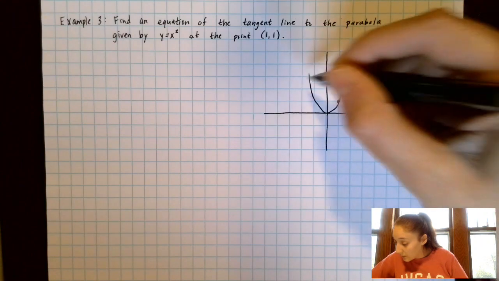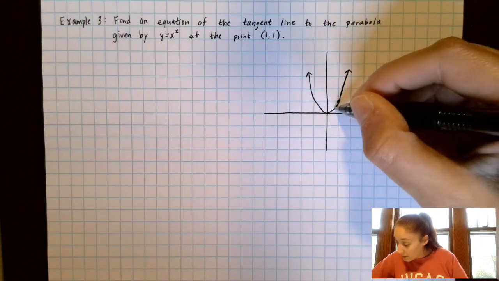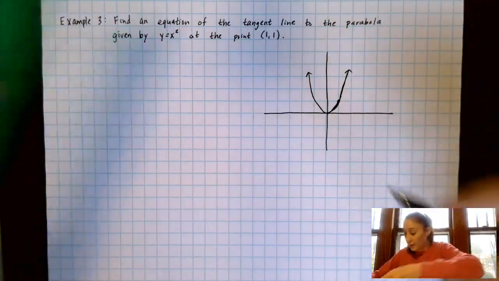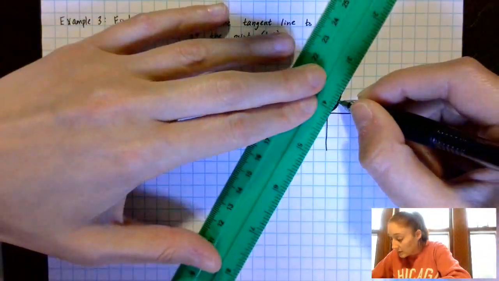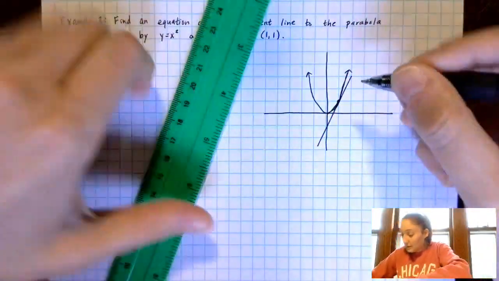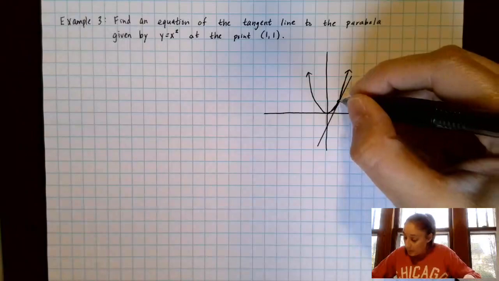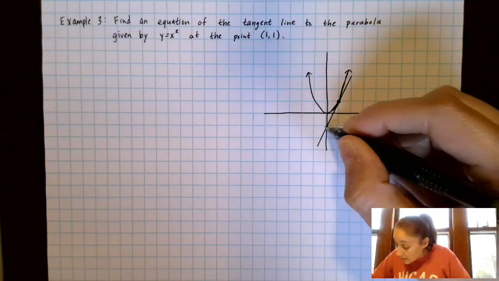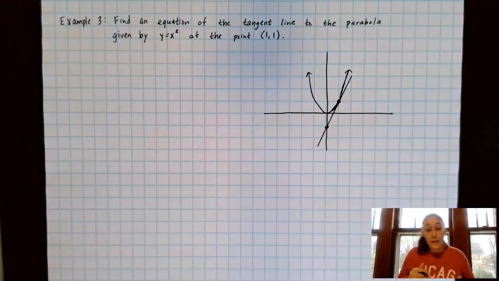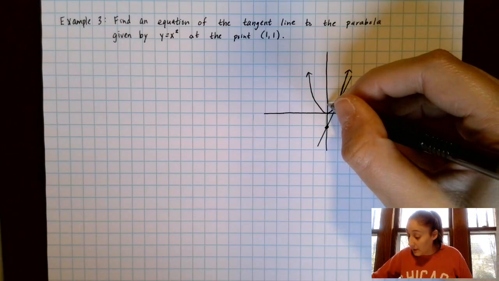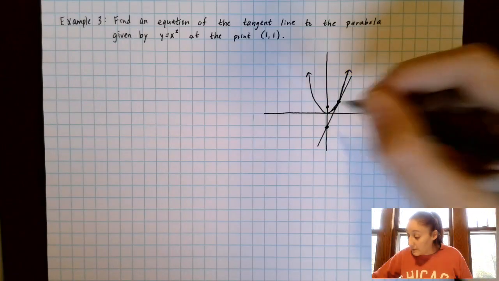Ooh, that did not come out very good. That's kind of unfortunate because that's going to affect our tangent line a little bit. But if I draw a line that only touches this point in one place, right? Ooh, that's pretty terrible. But I have this y-intercept right here, and I'm just going to make this up and say that the focus is somewhere here.